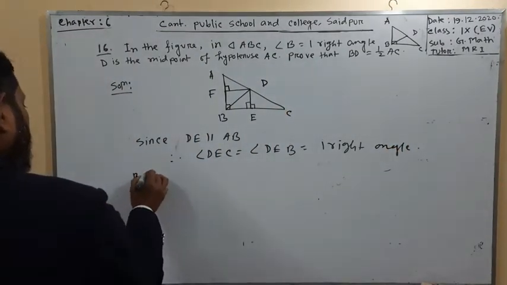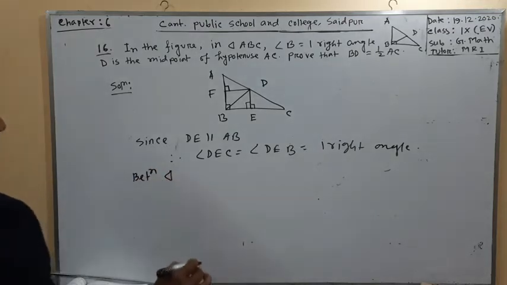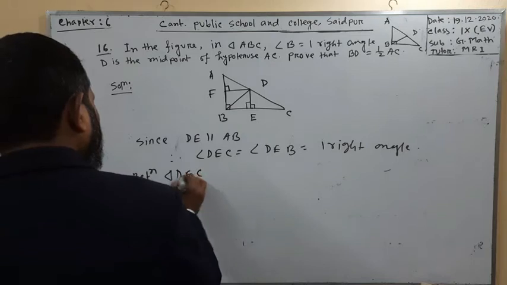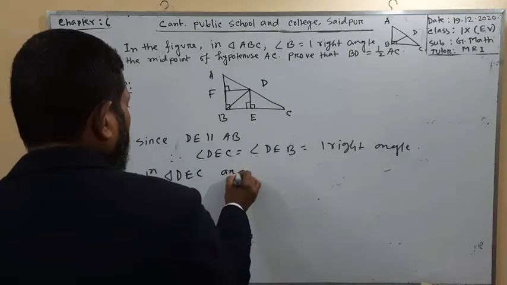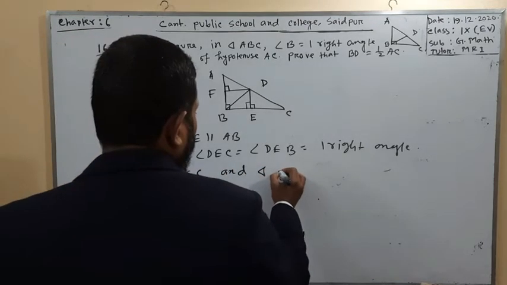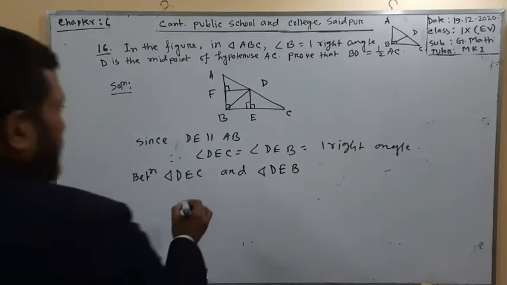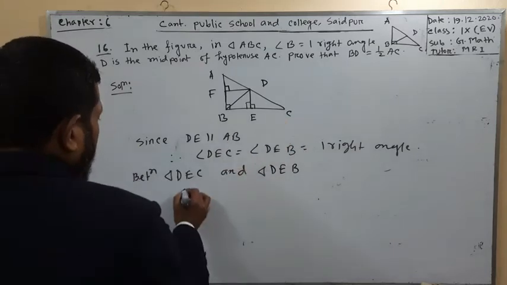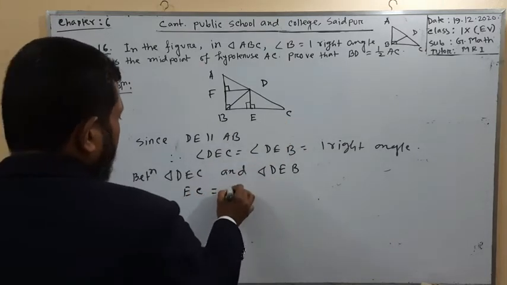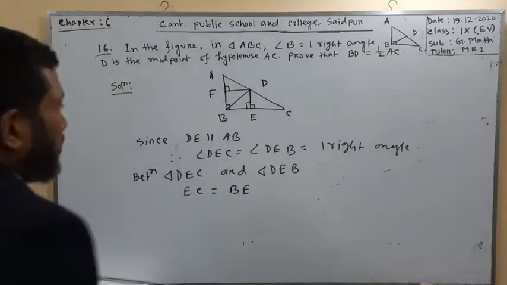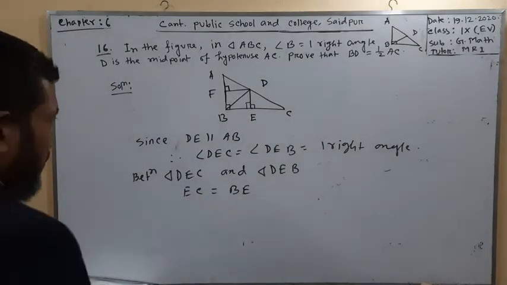Between two triangles, triangle DEC and triangle DEB, EC is equal to BE because we told E is the midpoint of BC.